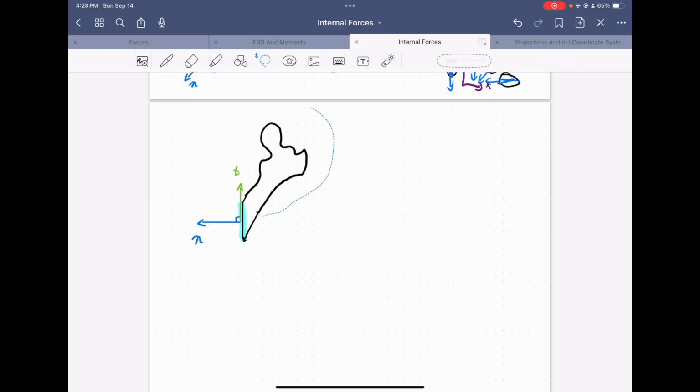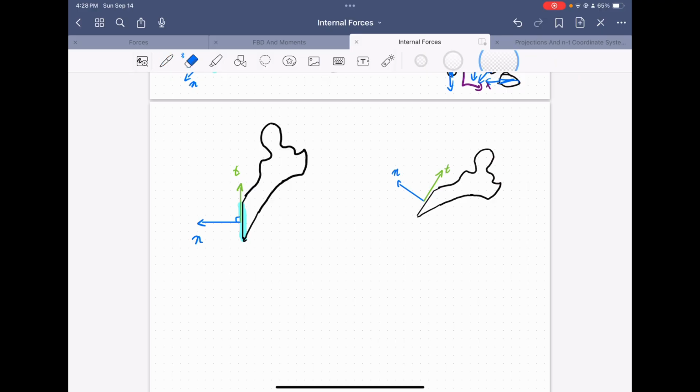And if this bone was rotated like this, same thing, right? You want to find perpendicular to that surface, 90 degrees, and then tangent, kind of in line. So there you go.